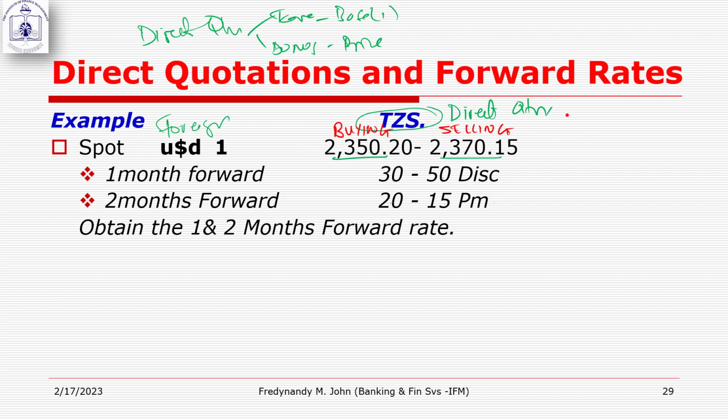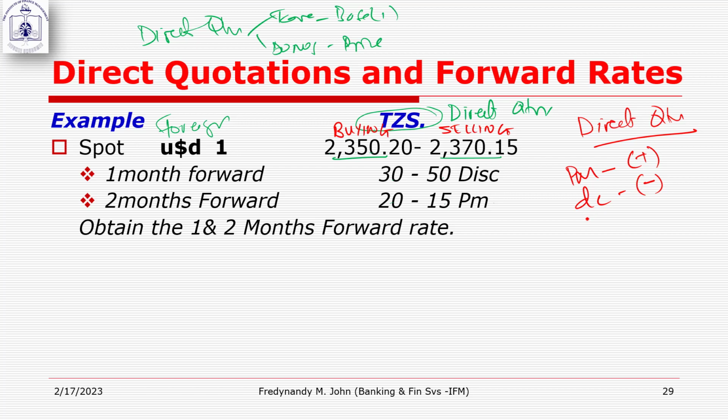Now, what about the thumb rule? The thumb rule says that under direct quotation, if you are given premium, you add them. But if you are given the discount, you subtract them.